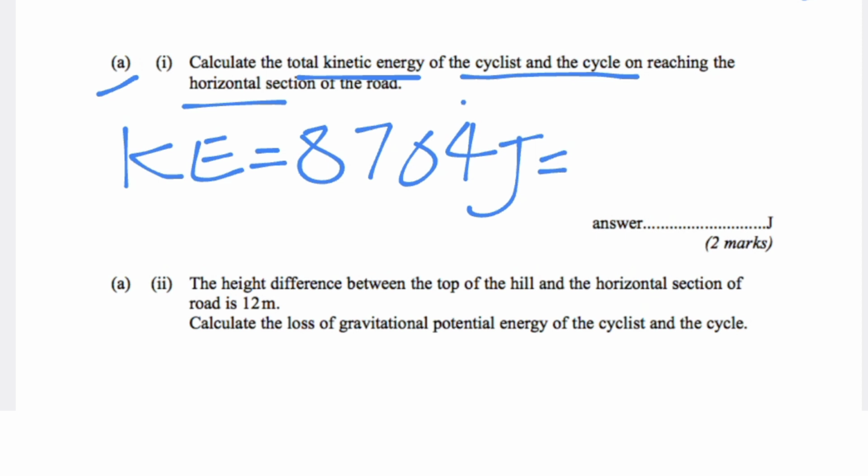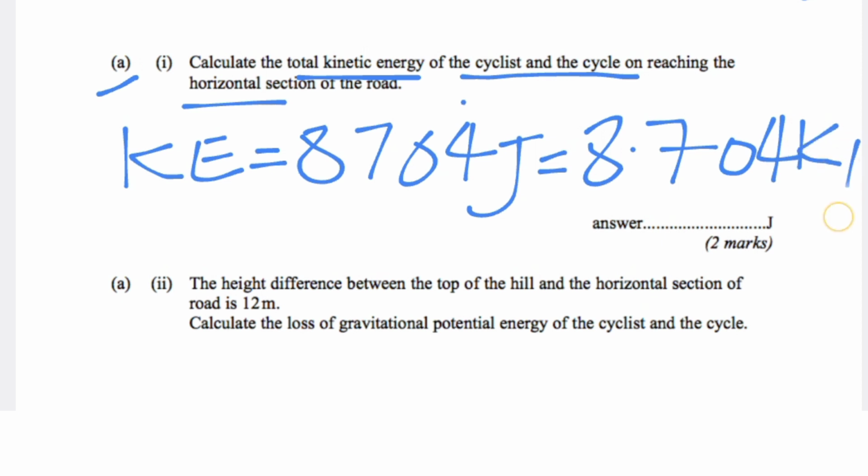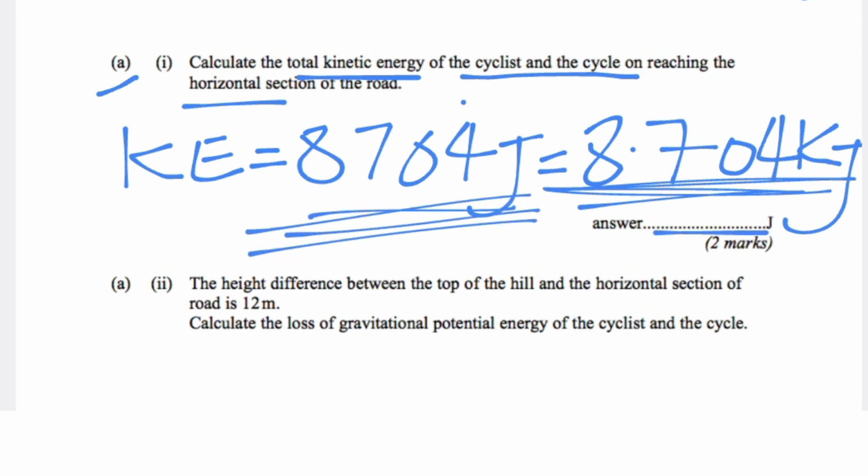When we put it in kilojoules, it will be divided by 1000, so it will be 8.704 kilojoules. Alright, so this is the answer. It says 2 marks, so just write it on the answer section, right?